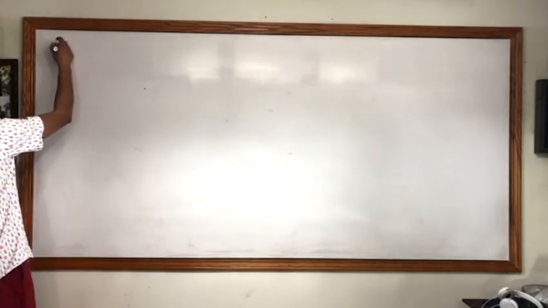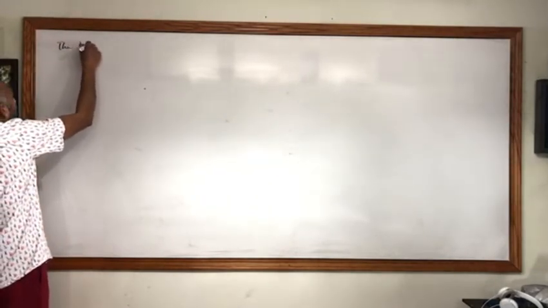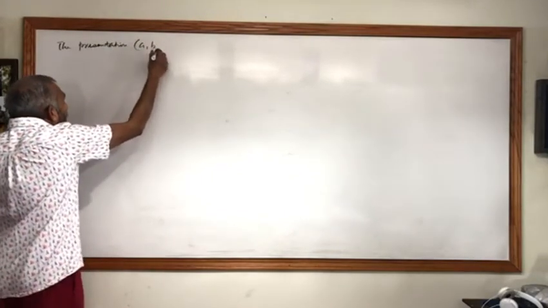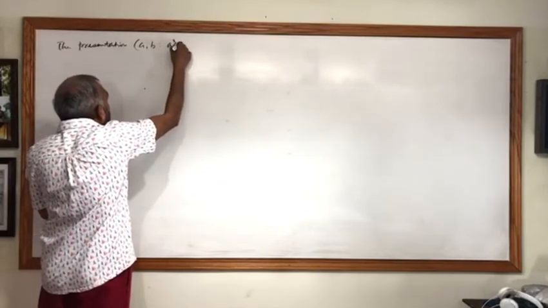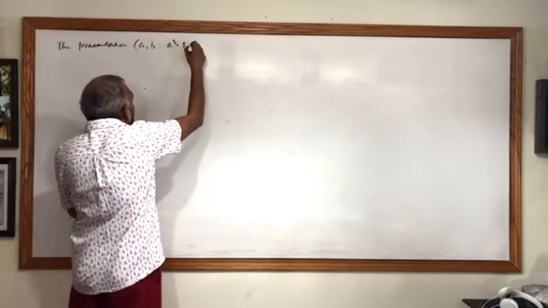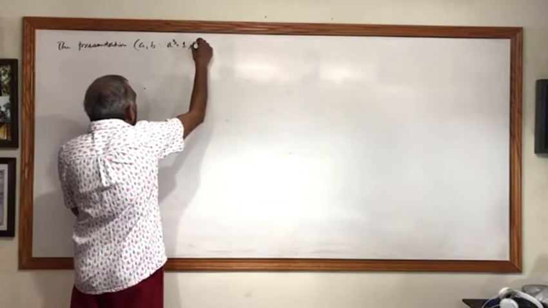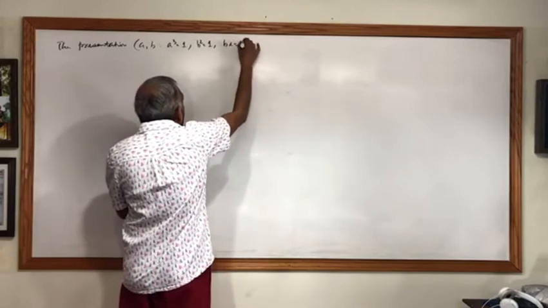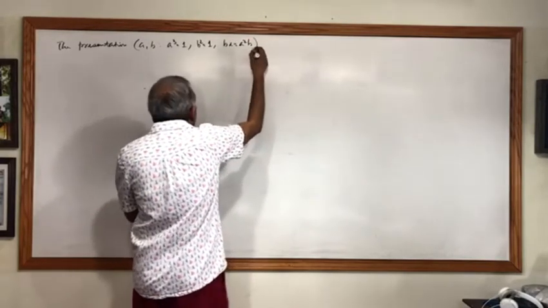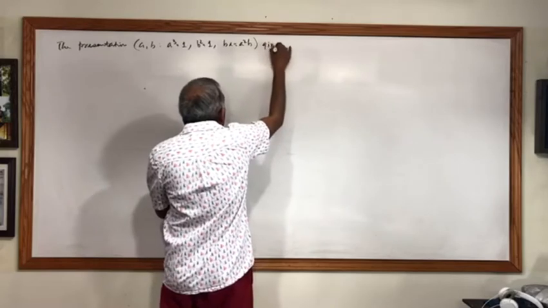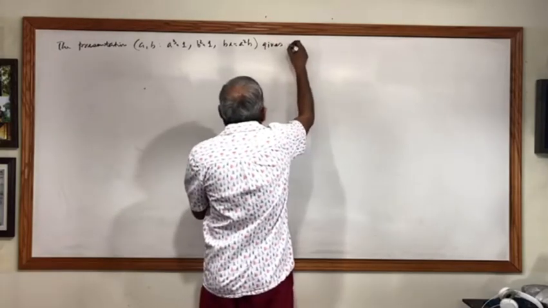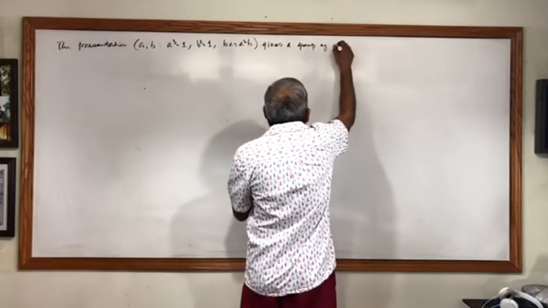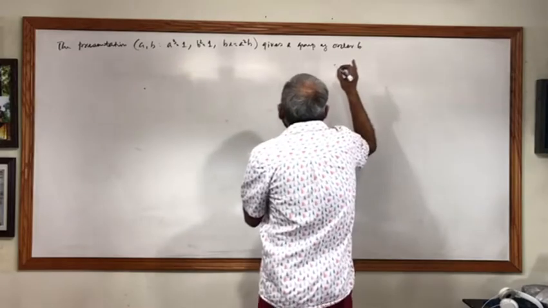The presentation ⟨a, b : a cube is equal to 1, b square is equal to 1, ba is equal to a square b⟩ gives a group of order 6.